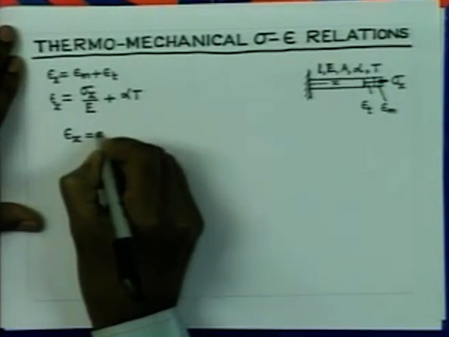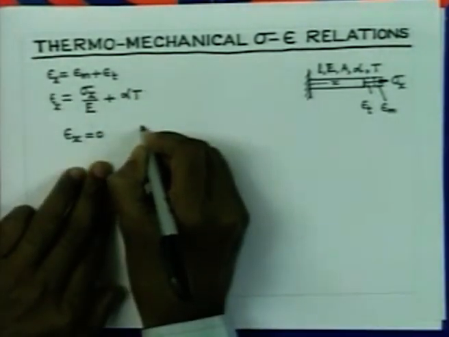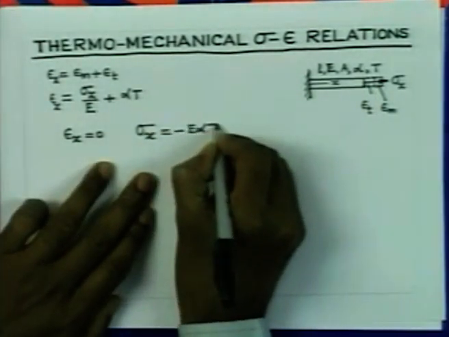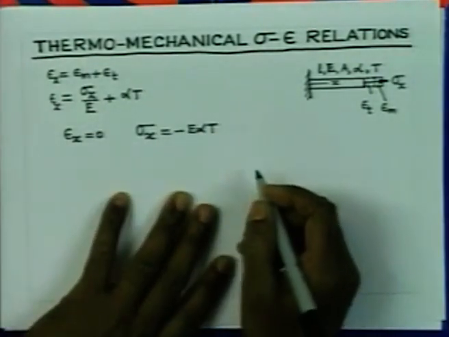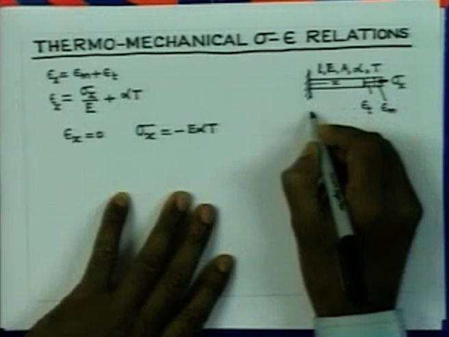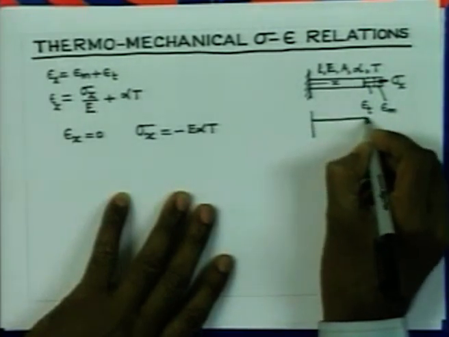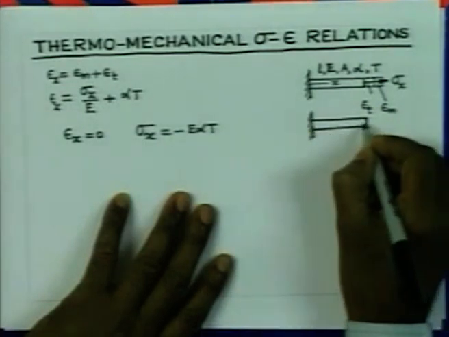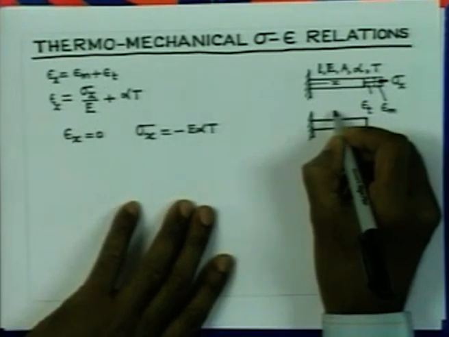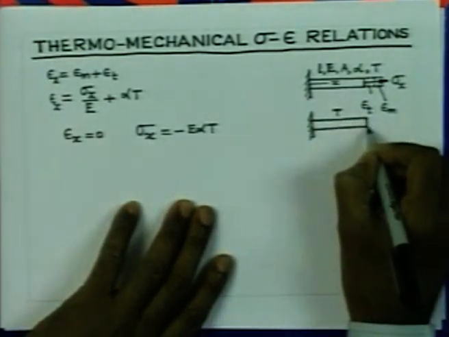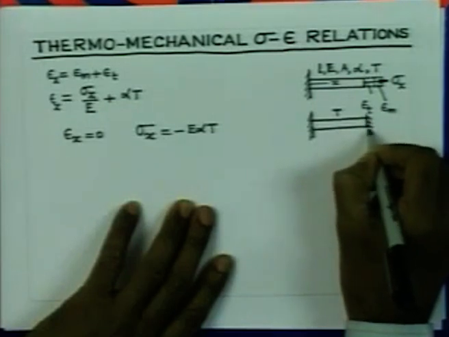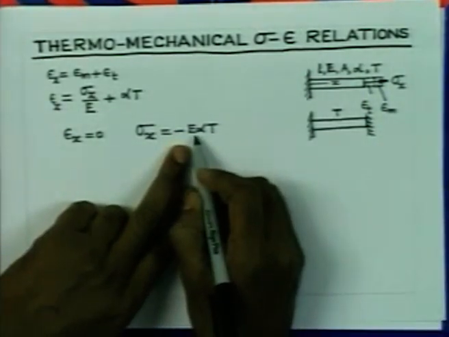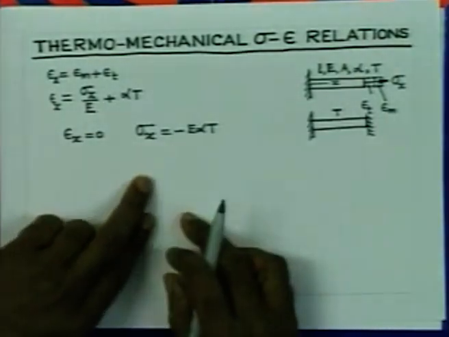So, the total strain equal to 0, then you find that sigma x is equal to minus E alpha T. Therefore, it means that if I consider this component and increase its temperature by T and we do not allow it to expand, then it is going to develop a stress of magnitude E alpha T, which is compressive in nature.